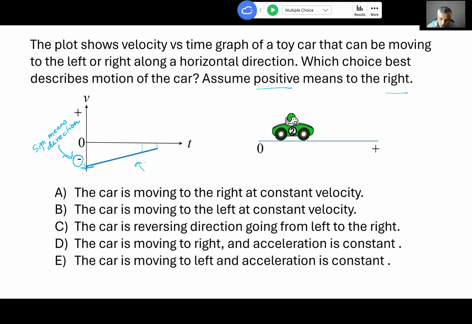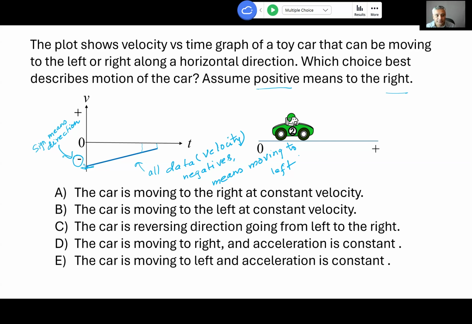So all data negative means velocity here, all velocity negative means moving to the left. This object is moving to the left.